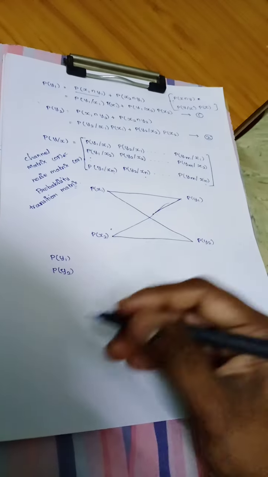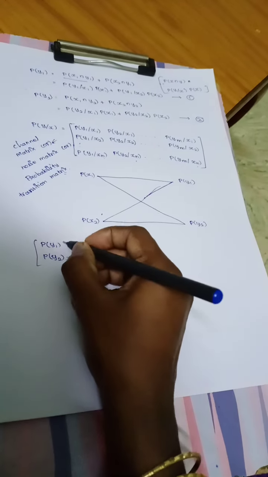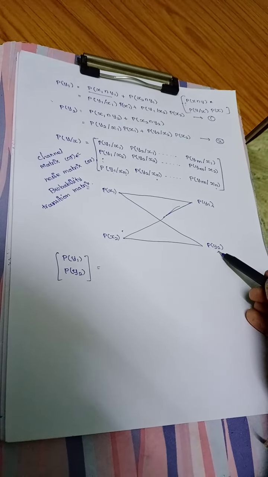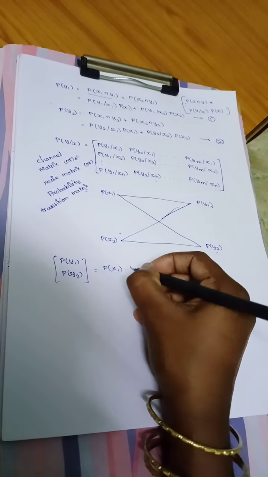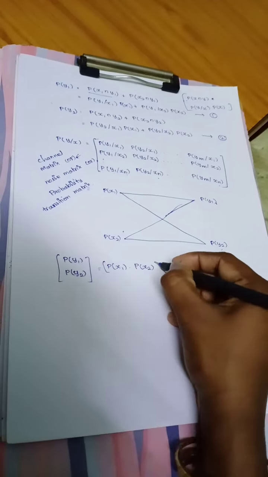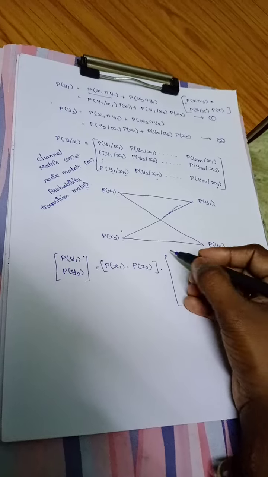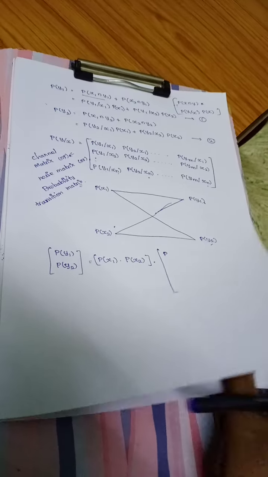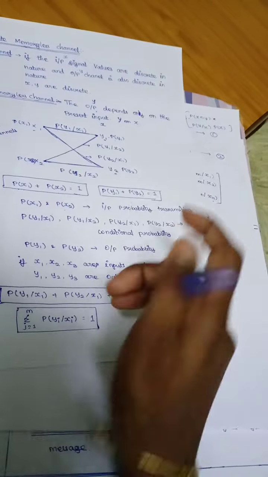We will solve how that probability of y1 and y2 equation comes. Okay, we'll solve using this. Here see P of y1, P of y2 is equal to P of x1, P of x2 into P of y1. These 4 equations we saw.